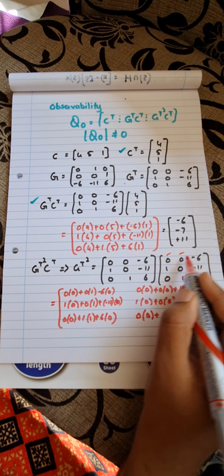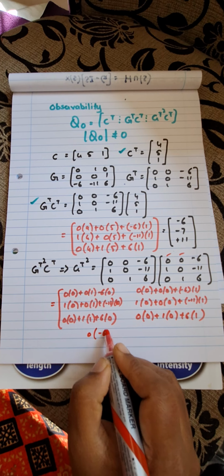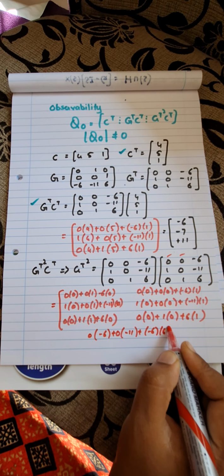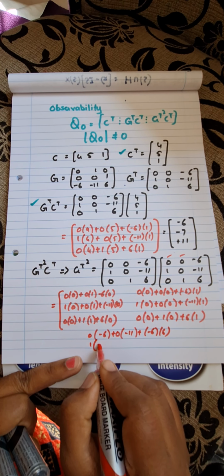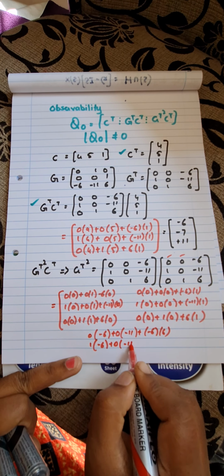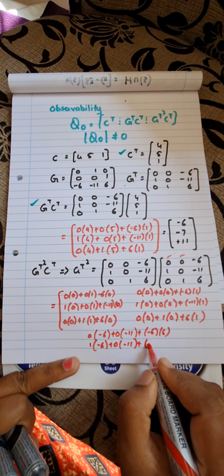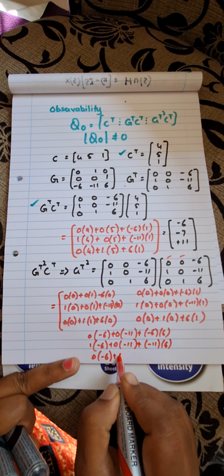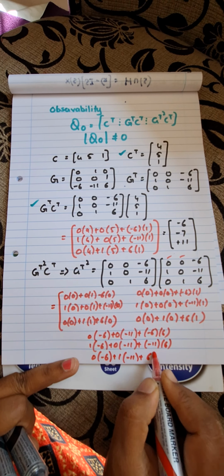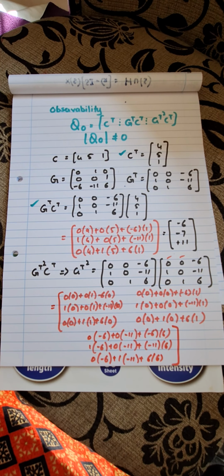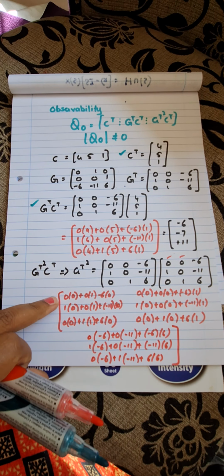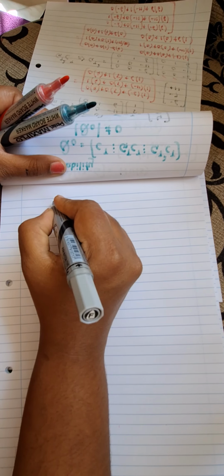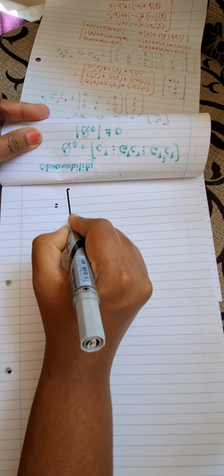Now this one. So 0 into minus 6 plus 0 into minus 11 plus minus 6 into 6; then 1 into minus 6 plus 0 into minus 11 plus minus 11 into 6; 0 into minus 6 plus 1 into minus 11 plus 6 into 6. So now what are the values we are going to get?